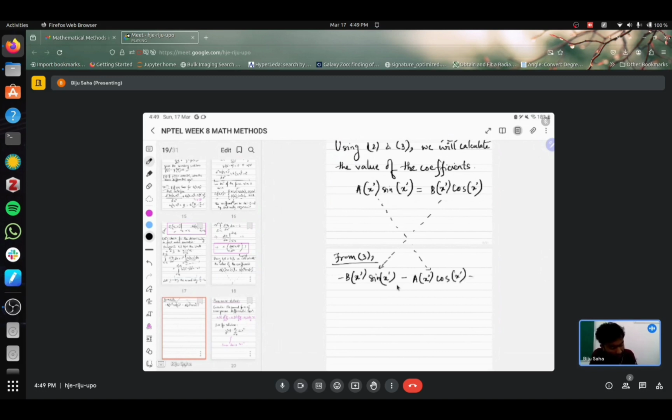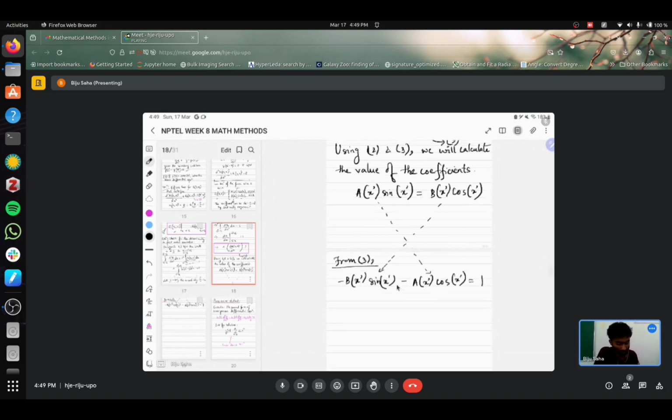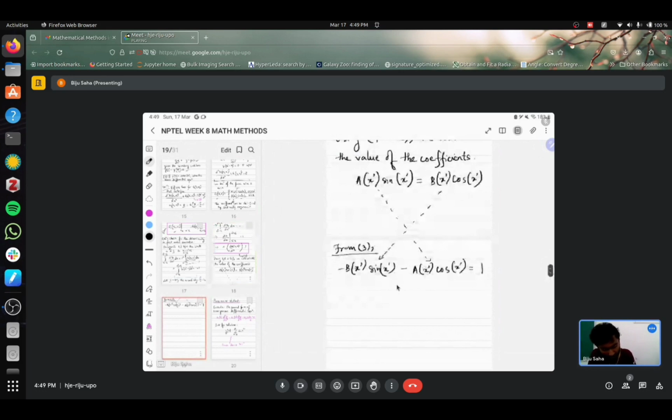The difference of them turns out to be 1. Right now, from this expression we will use this equation and this equation to get the values of a and b. From this equation I obtain the value of a in terms of b. This is the value of a I obtain here.